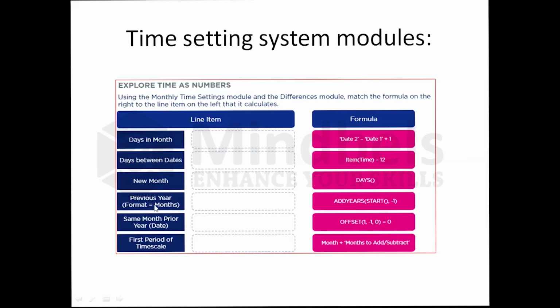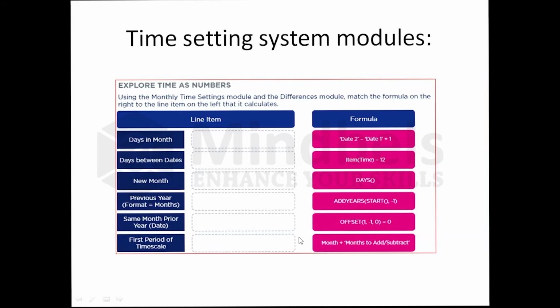Then previous year month, previous year format month. The second one, I think so. Yes, time then -12 will give us the previous. Then same month, prior year date. Add years, I think this one.